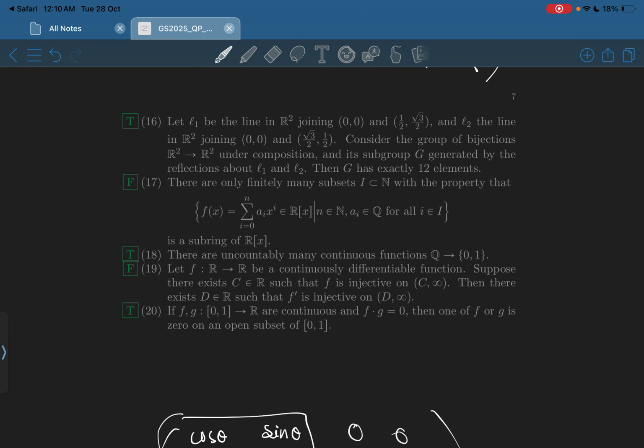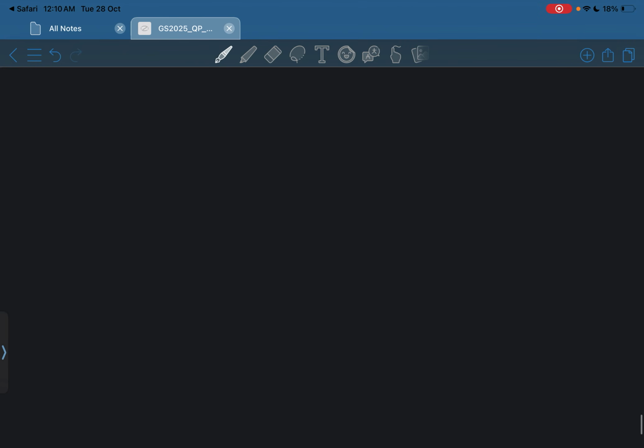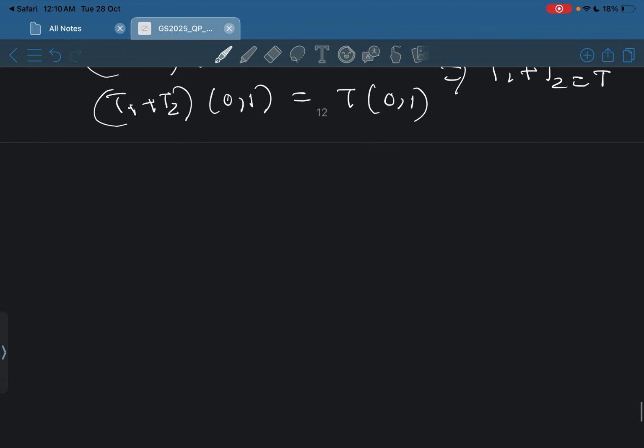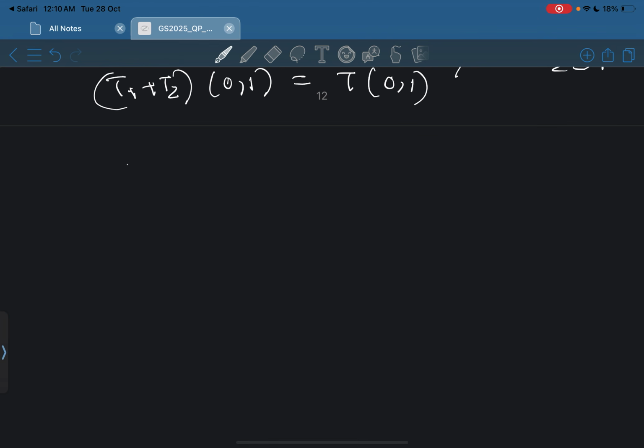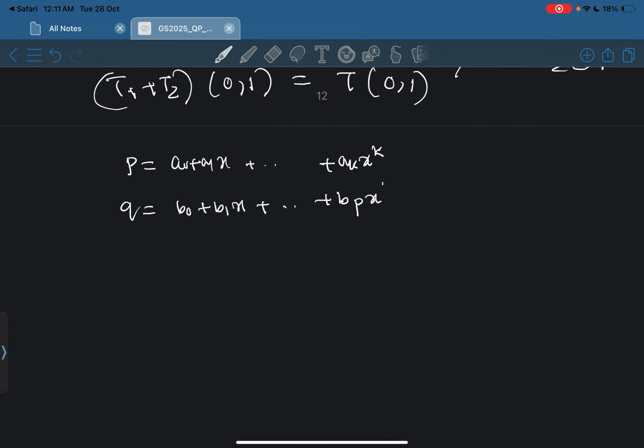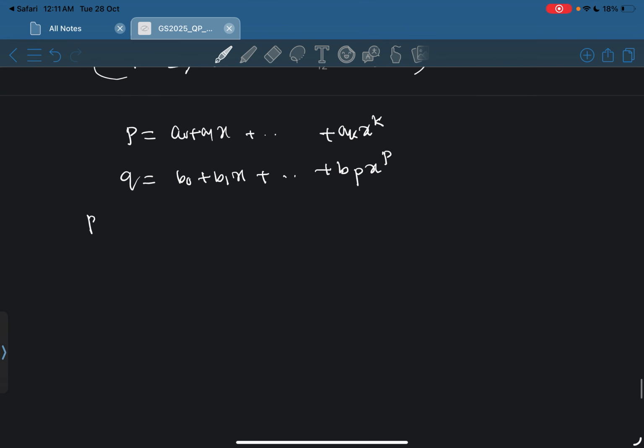For that, you just need to observe what the coefficient of the product will be. Suppose p equals a0 plus a1 x up to ak x to the k, and q equals b0 plus b1 x plus up to bp x to the p. What about pq?